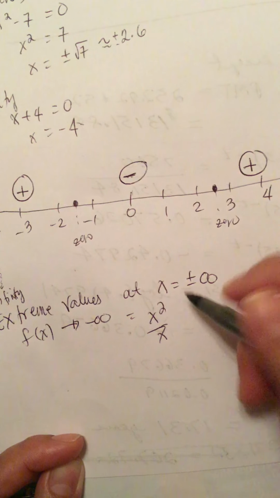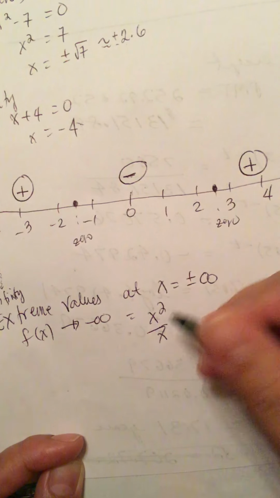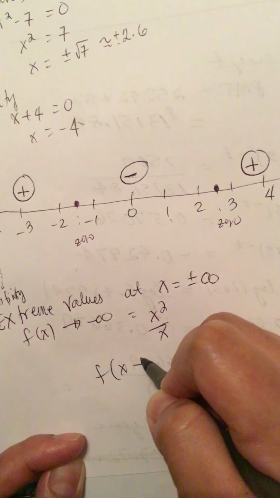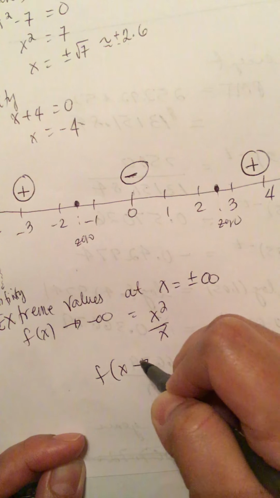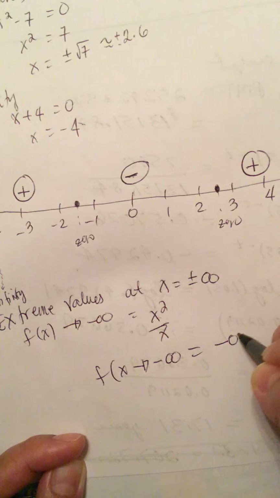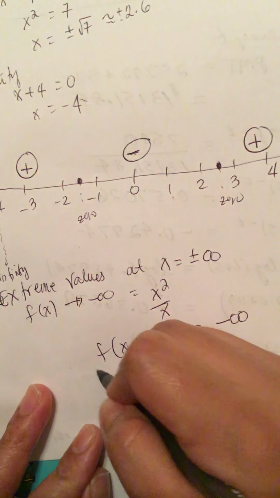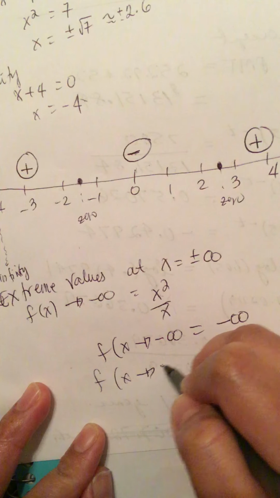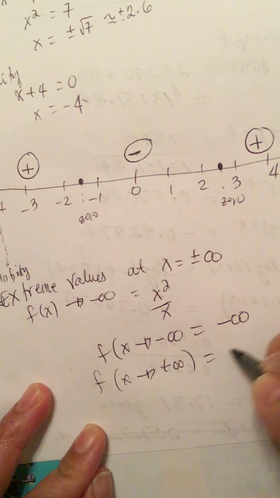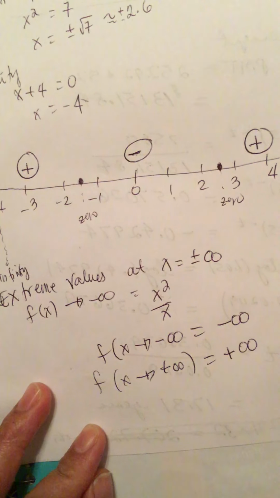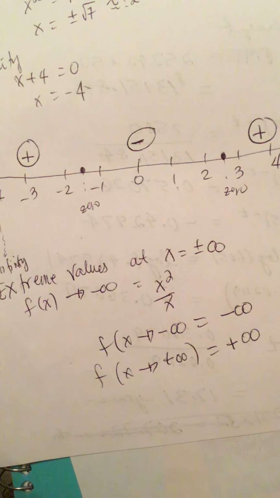So here we have x squared over x, and so f of x, when x goes to minus infinity, is minus infinity, and the same when x goes to positive infinity, then the function is also positive infinity.